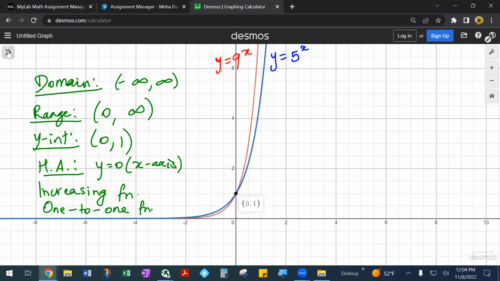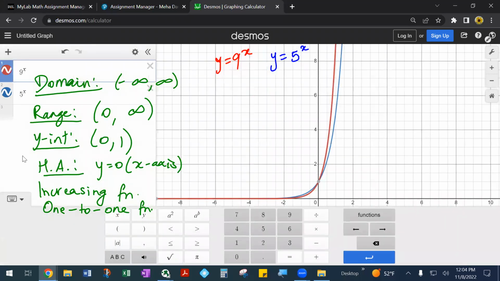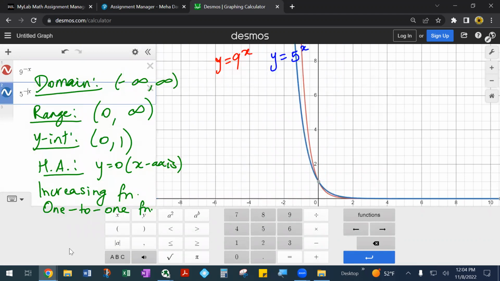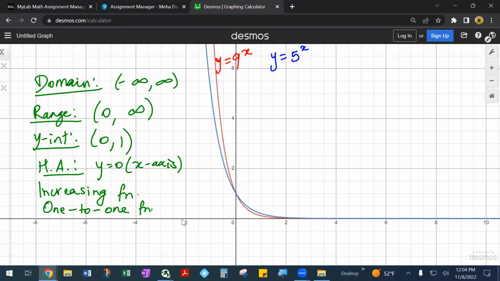Let's change these bases. Well, let's make this a negative exponent. Or if you wanted to do the fraction, you can do 1/5 raised to the power of x.